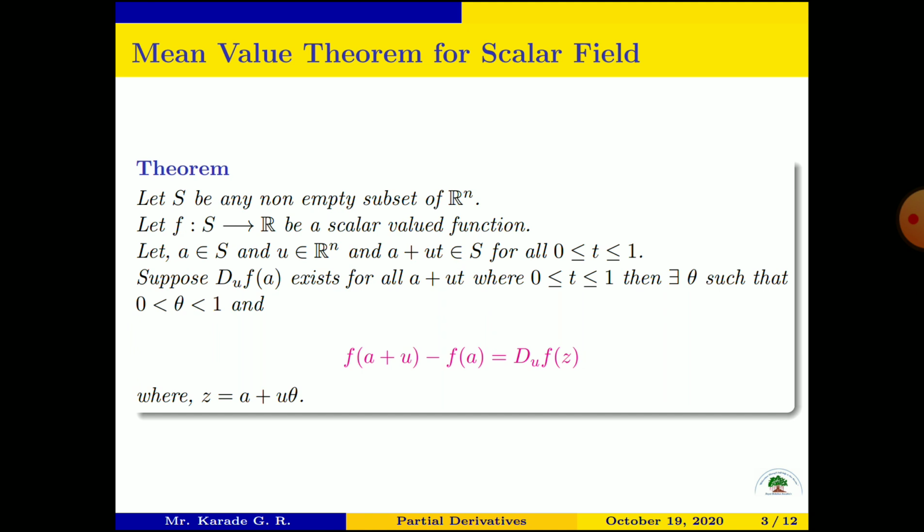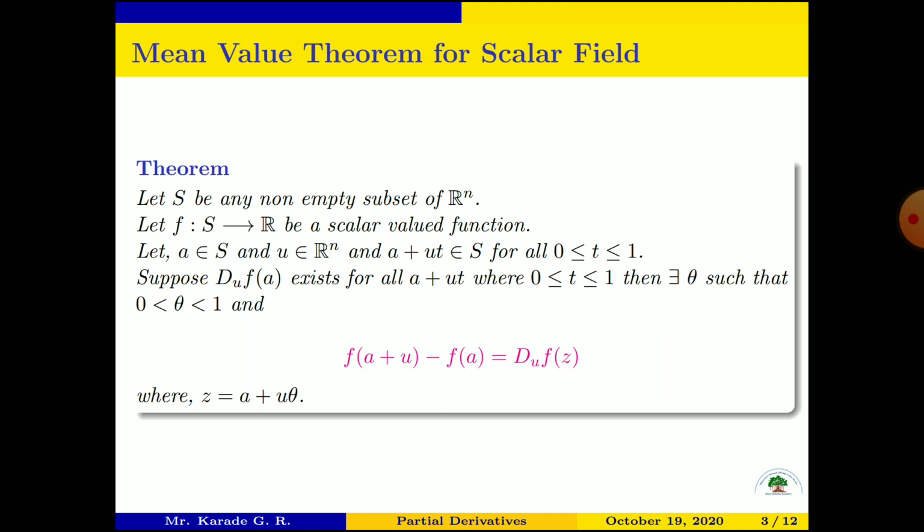Also given that A plus ut, this linear combination, belongs to S for all t between 0 and 1, and suppose the directional derivative of f at point A in the direction of vector u exists for all a plus ut, where t is between 0 and 1.